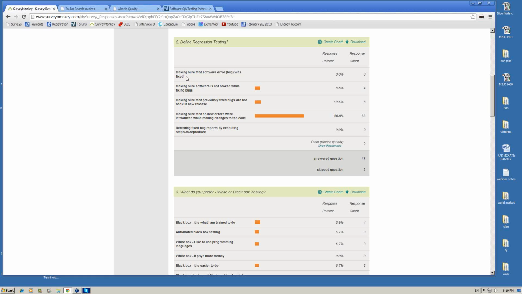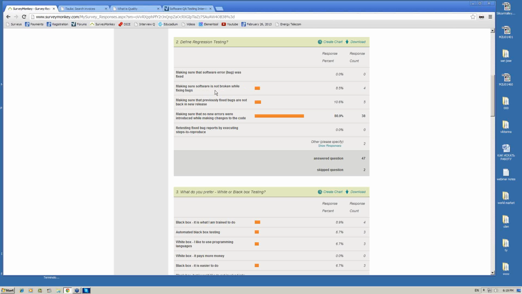Guys, I'm proud of you. Honestly, I've seen so many variations here. Making sure software is not broken while fixing bugs. Some people bought into that. It is not really good, because in that definition you narrow down the idea of regression testing.